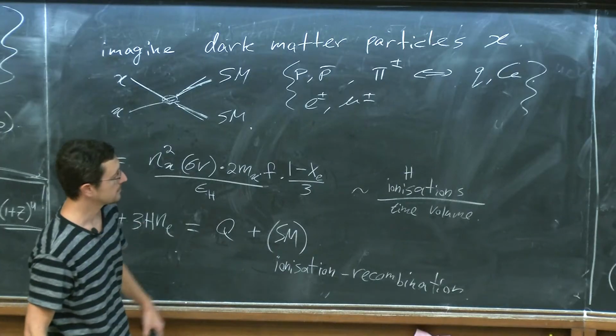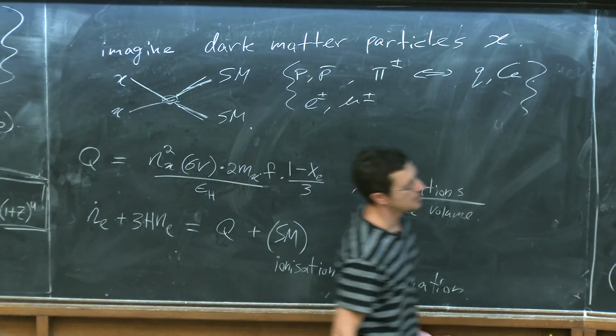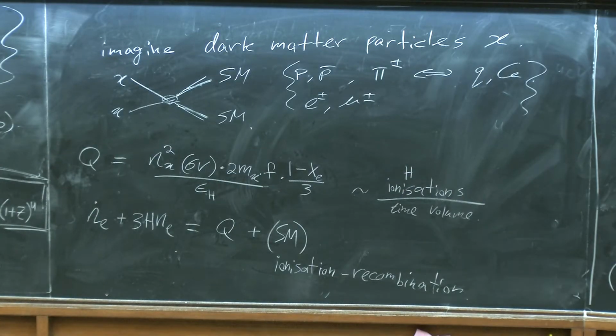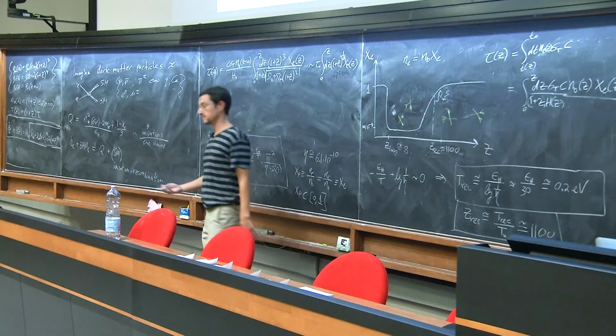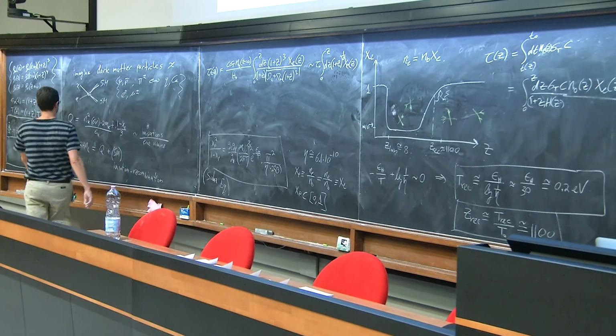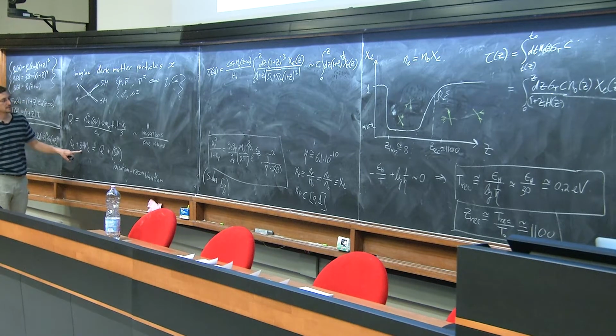And now this source term is going to affect how my free electron function behaves in this regime in a very simple way. So I could write an equation, a continuity equation for Xe defined over there instead of Ne.